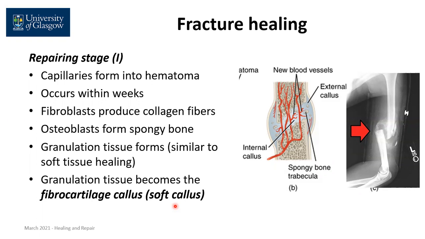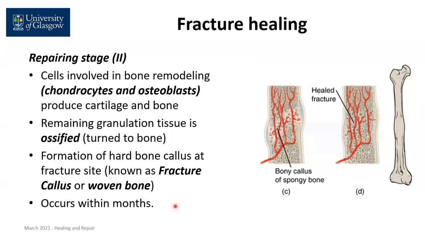Granulation tissue forms in a similar manner to soft tissue healing, and the granulation tissue eventually becomes this soft callus bone. The second part of the repairing stage involves osteoblasts and osteoclasts again, but also chondrocytes.